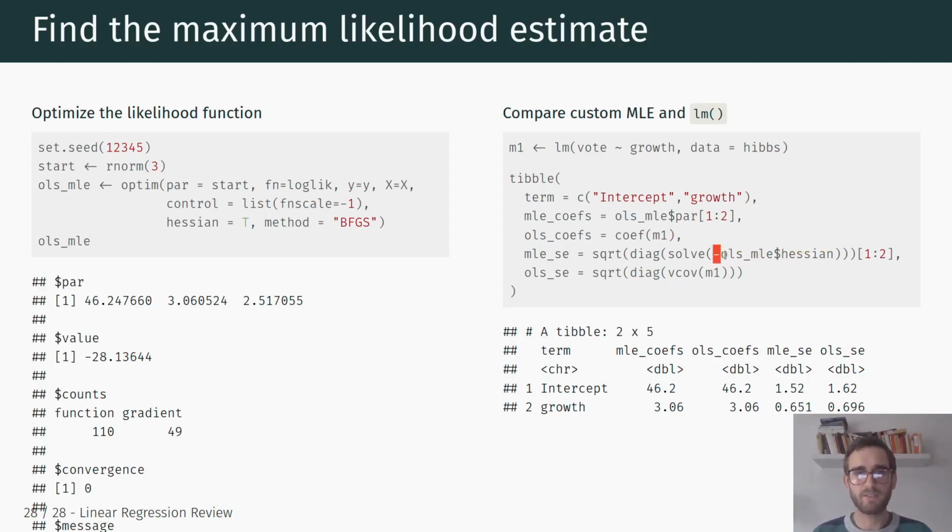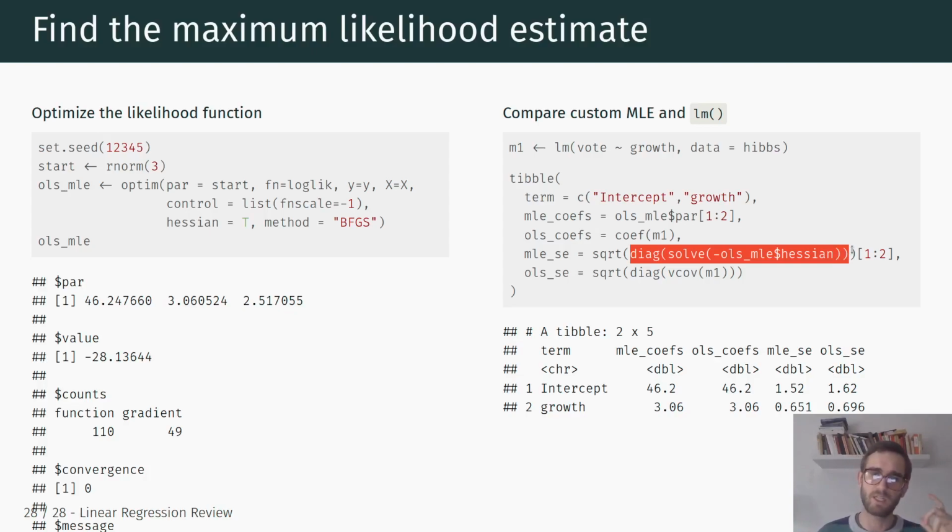We take the negative of that Hessian, that's the information matrix, and then we take the inverse to compute the variance covariance matrix. If we take just the diagonal of that covariance matrix and take the square root, that will give us the standard error based on the Hessian matrix.